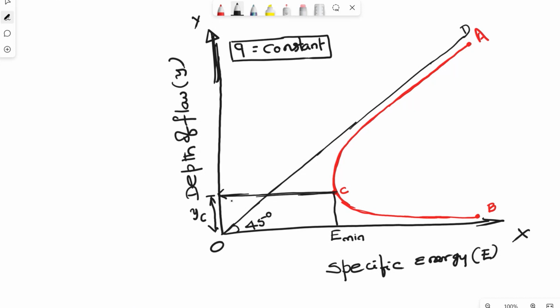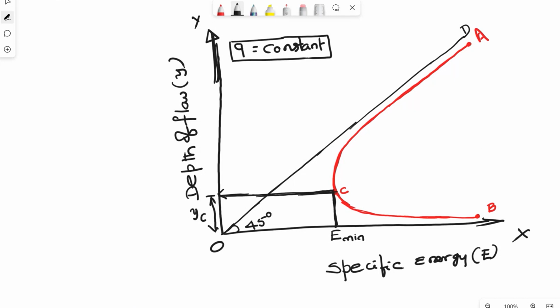An important point: there is one point C where the specific energy is minimum. Any point you take on this specific energy curve has specific energy more than at C. So that's why this is the minimum specific energy. The depth of flow corresponding to minimum specific energy is called critical depth.